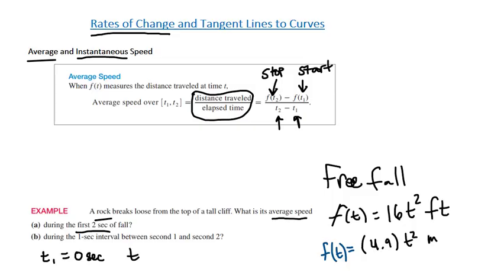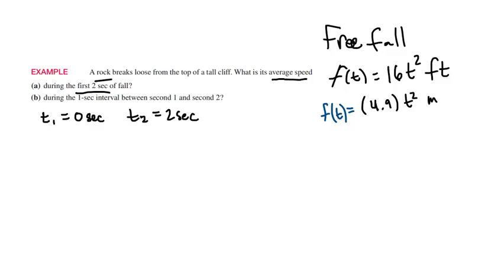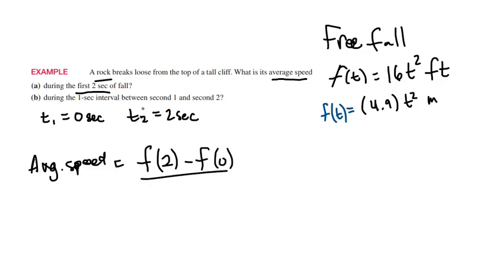Our stopping time would be T2, at the 2 second mark. So we go to our formula, which is the difference in the distance over the difference in the time. We plug in F of 2, our stopping position, minus F of 0, our starting position, over the stop time minus the start time.